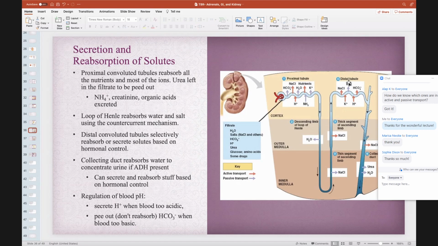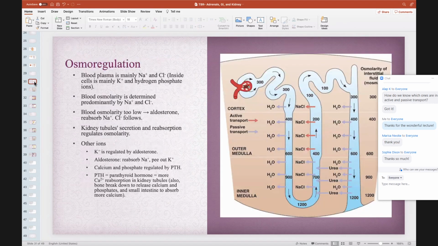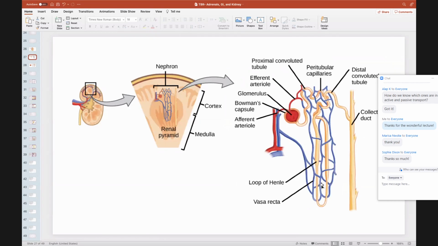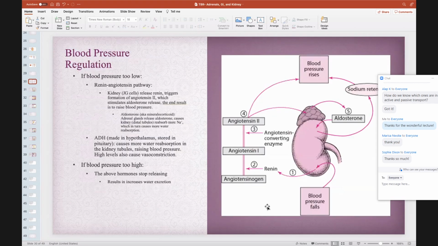And reabsorbing more water into the interstitial space can cause that water to be reabsorbed in the vasa recta, which is these vessels right in here. So if more water is being absorbed into the vasa recta, we're increasing the volume of water in the blood. And increasing the volume of the blood will thus increase its blood pressure to counteract the original signal that was the blood pressure falling.